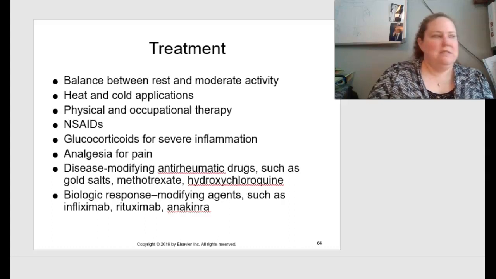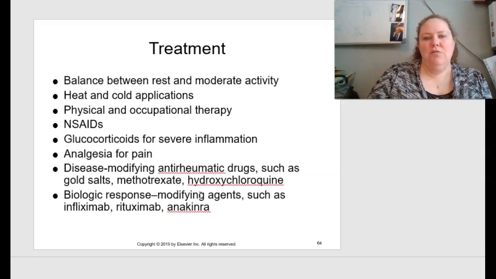Well, how do we treat this? Well, we want to balance between rest and moderate activity, heat and cold applications, varying physical and occupational therapy, and NSAID drugs. Glucocorticoids can be used for the severe inflammation. We can use analgesics for pain.